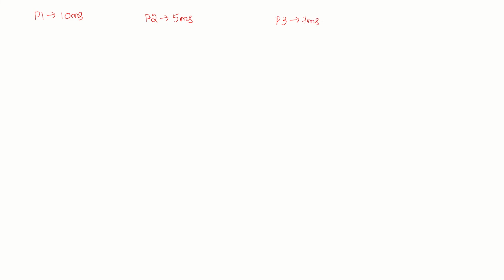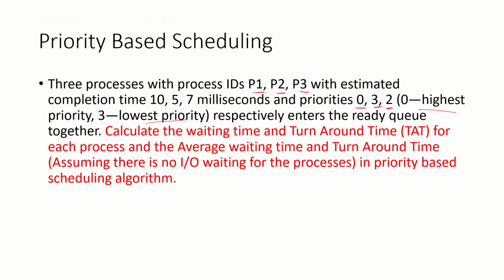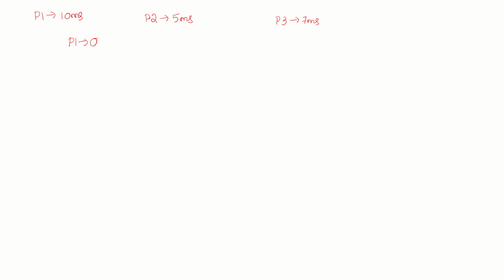Now, priority order, if you consider, 0 is the highest priority, 3 is the lowest priority. So I will write P1 priority is 0. P2 priority is 3. P3 priority is 2, isn't it? So P1 priority 0, P2 priority 3, P3 priority is how much? 2.